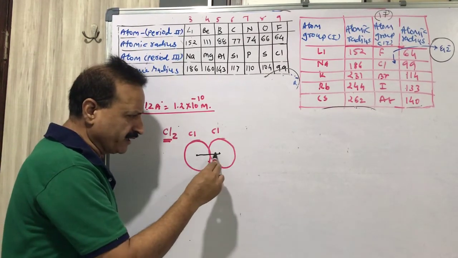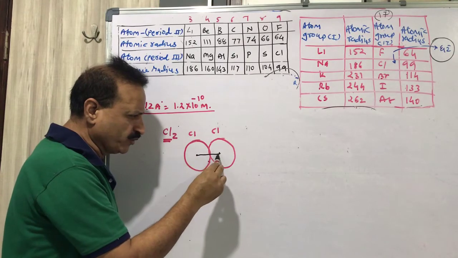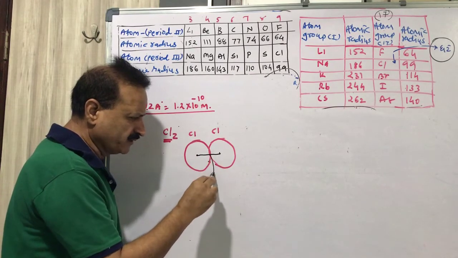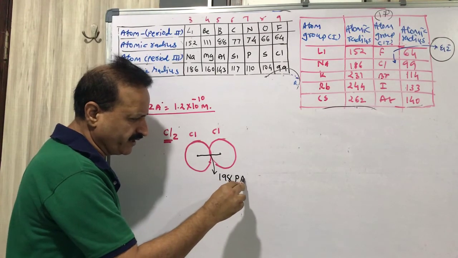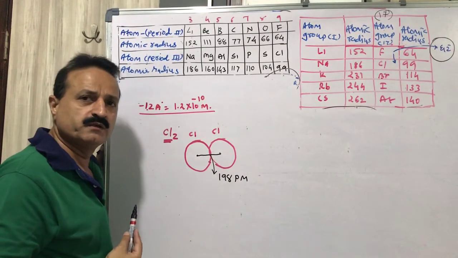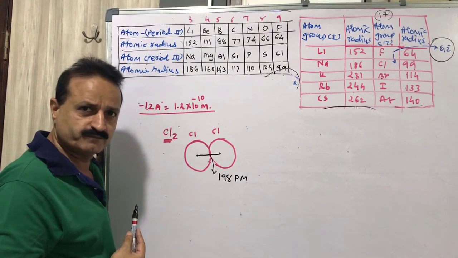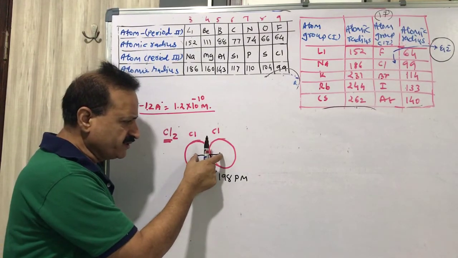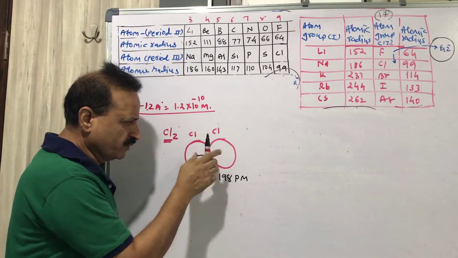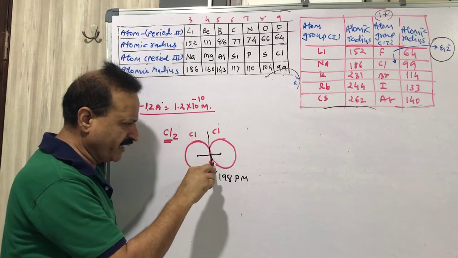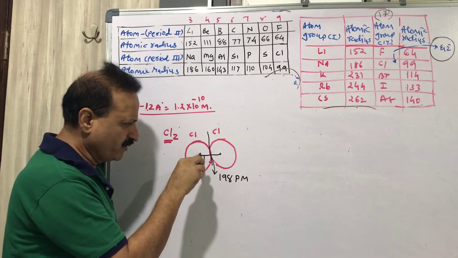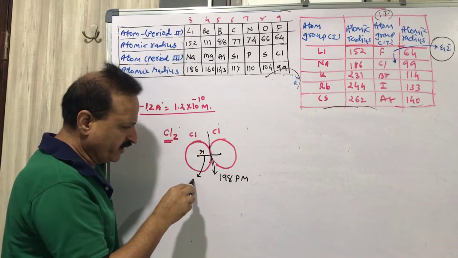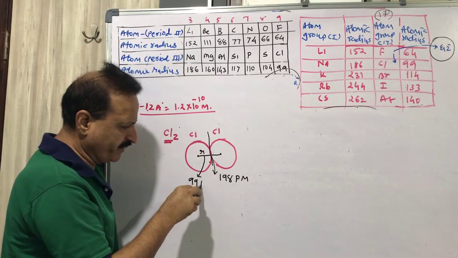Suppose the distance between the two centers of the chlorine atoms is 198 pm, because it is measured in picometer unit. So this distance is 198 pm, and half of 198 pm is the radius of this chlorine atom. It is simply 99 pm.